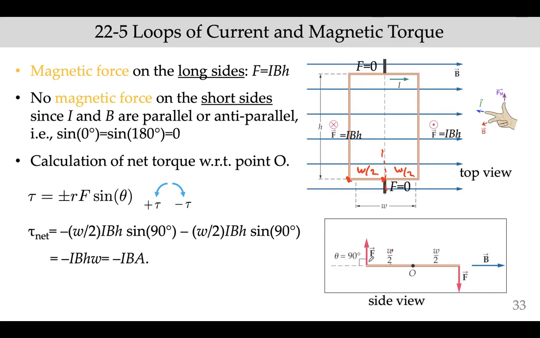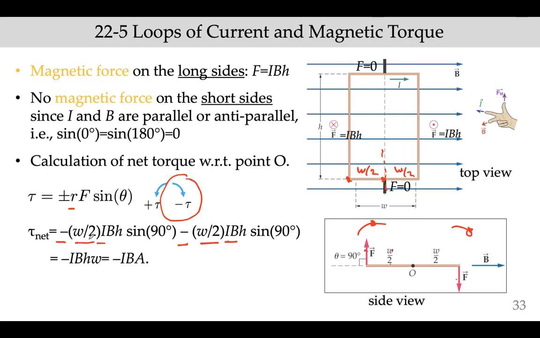So if you want to write the torque for each force, they are trying to rotate this loop of wire in the same direction, which is counterclockwise. So I will write torque for both of them, and I will use a negative sign for both because they are trying to turn it in the counterclockwise direction. Now, what is the radius for each one? It's W divided by 2. The current is the same for both.